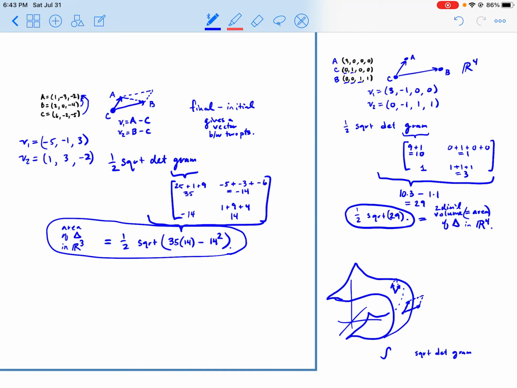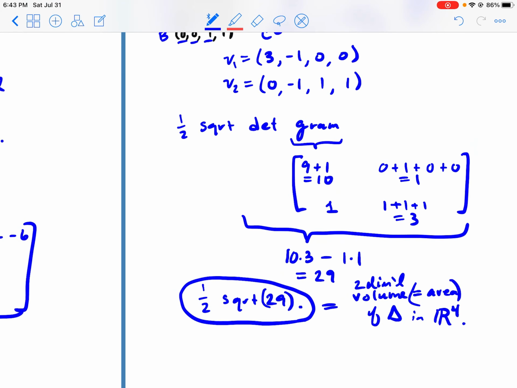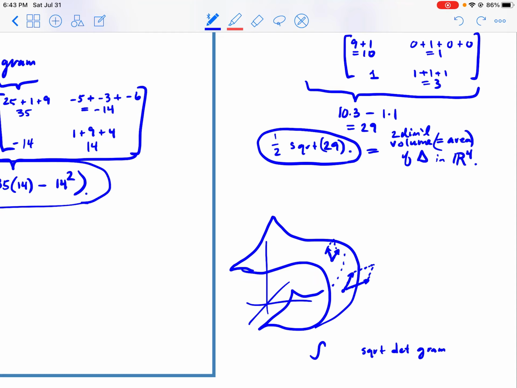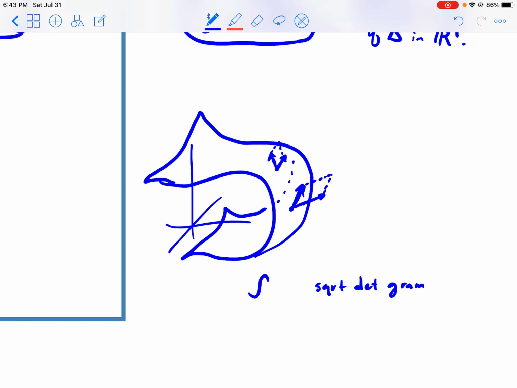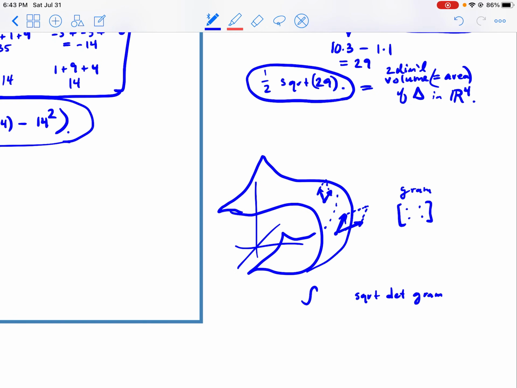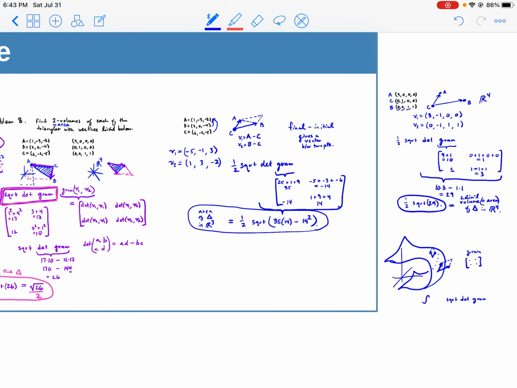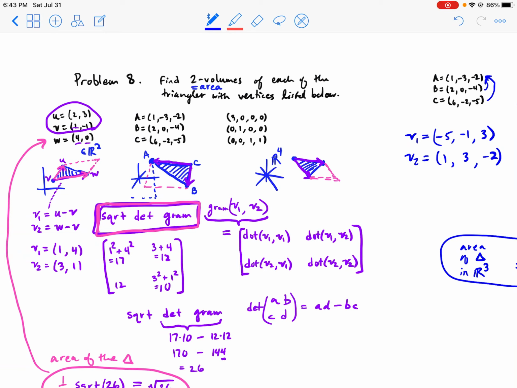Take dot products of vectors, and for areas of triangles, they'll have these 2-dimensional volumes, so we'll have a 2 by 2 matrix. Later, when we're integrating over surfaces, we have 2 vectors, and again, we'll have a 2 by 2 matrix. This will be the Gram matrix. It's a matrix of dot products. Okay, that's it. That was problem 8.